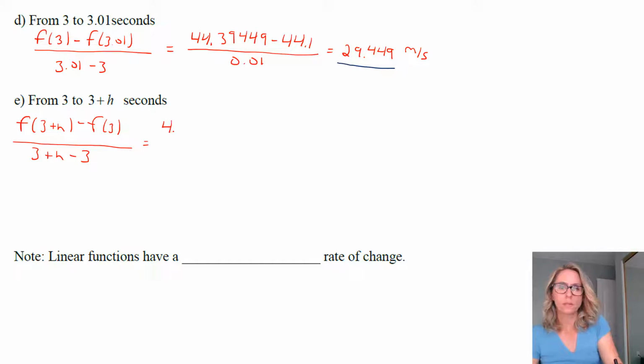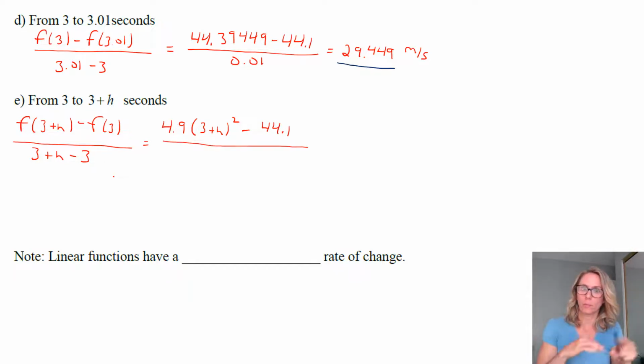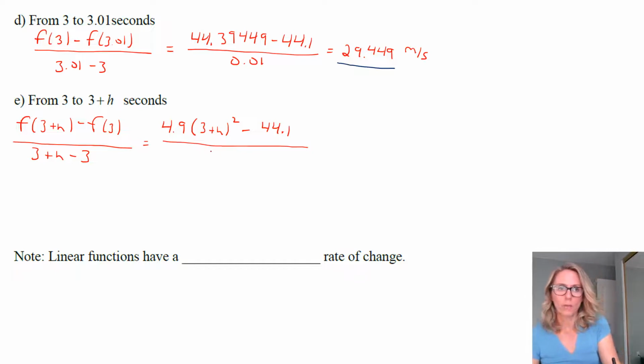So what this means is simply 4.9 times 3 plus h squared minus f of 3, which, as you probably already know, is the 44.1, since it comes back in every single one of these. And then dividing by, notice our denominator 3 minus 3, that's gone, and we're just left with h. So this is where I'm talking about that difference quotient.